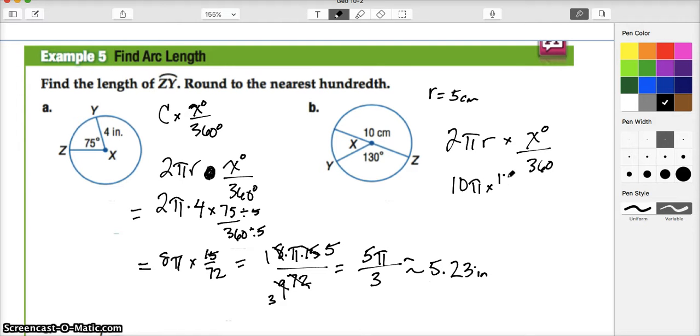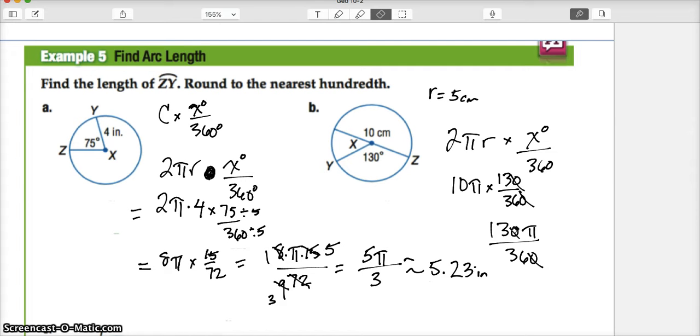And then 130 over 360, and I can reduce by dividing both top and bottom by 10, and I think that's all the reduction I can do. Let me try that again.